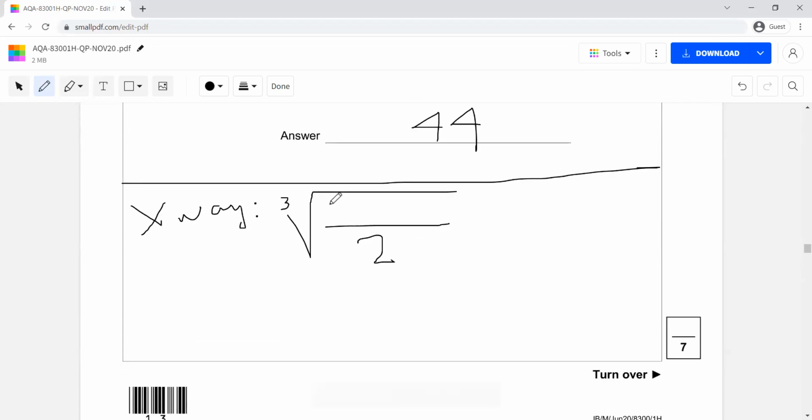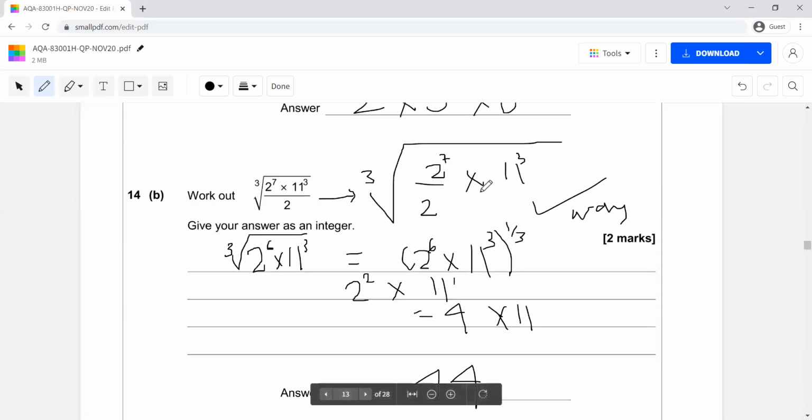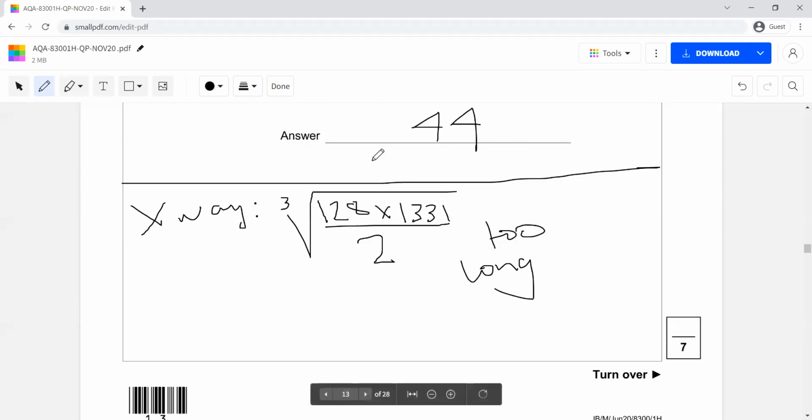In this case, if you did, then you get 128 times 1,331. Don't do it this way, because to work out 128 times 1,331 over 2, it takes too long. So use the trick I showed you and simplify what's inside the root symbol.